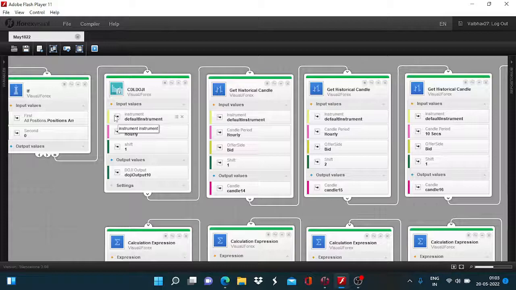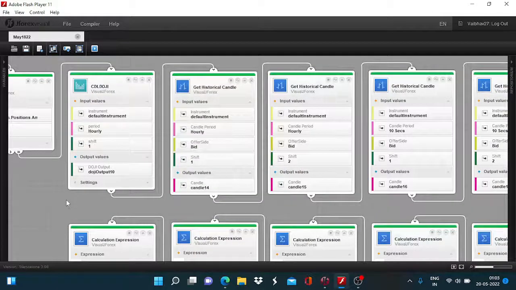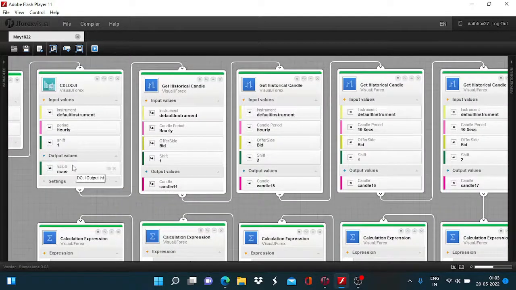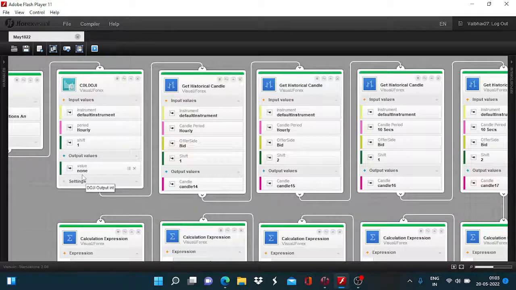And this Doji candlestick chart indicator has been added with the time period of hourly and the look back period of 1. So we will be looking at the last hour's data for the Doji candlestick, and the output just confirms or denies whether the last hourly candle was a doji candlestick or not. So we get this output value of 0 or 1.